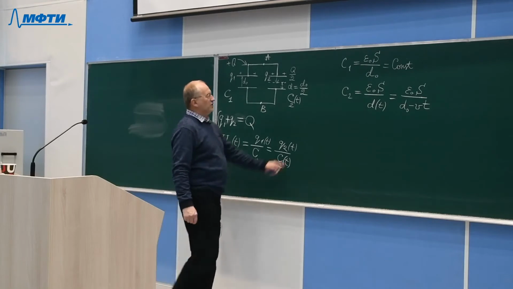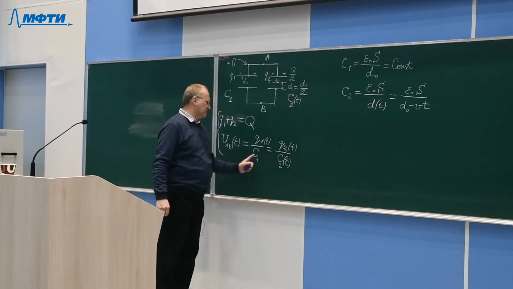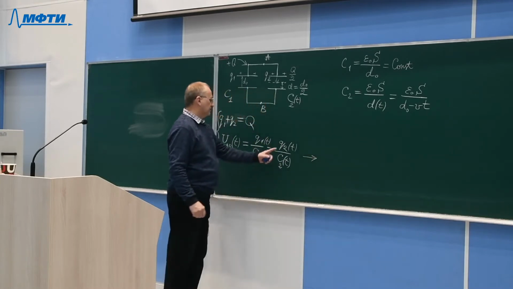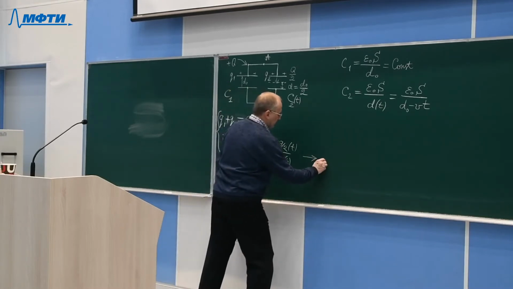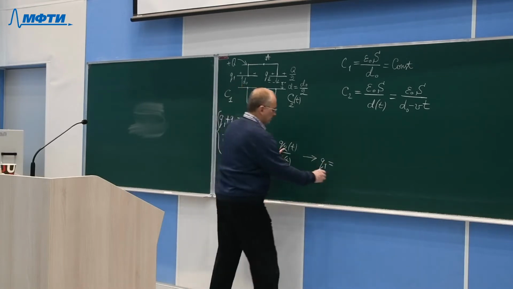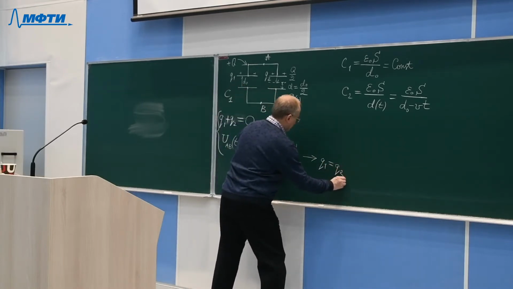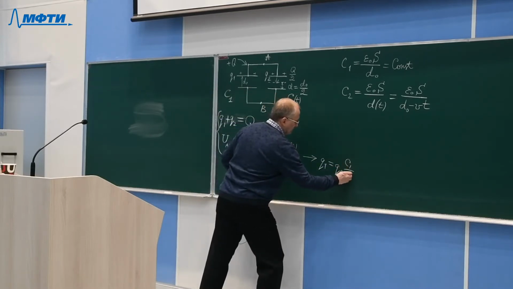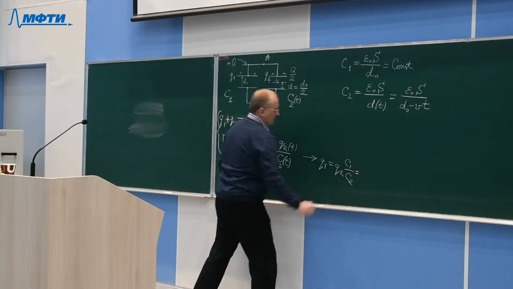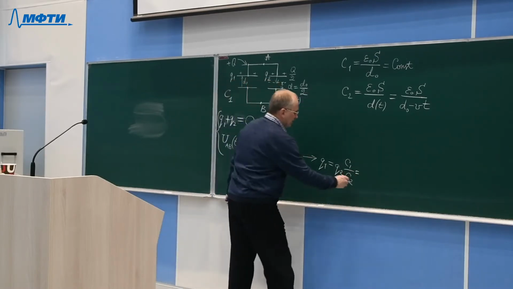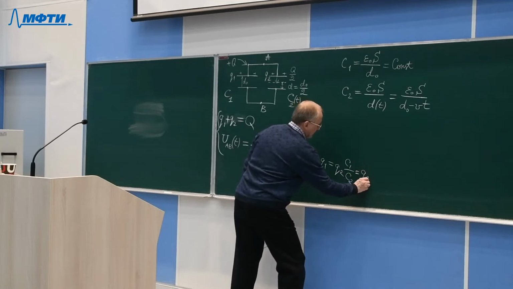Well, as we know the formulas for capacitance, we can obtain from the second equation here that, for example, Q1 will be equal to Q2 times C1 divided by C2. And C1 divided by C2 can easily be calculated now.